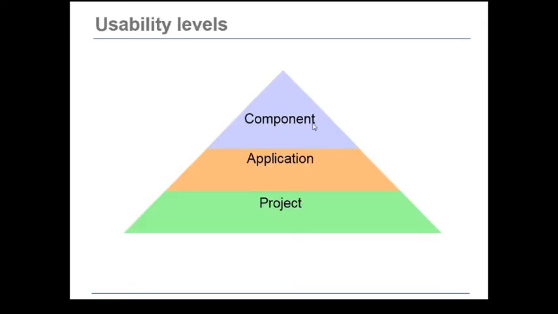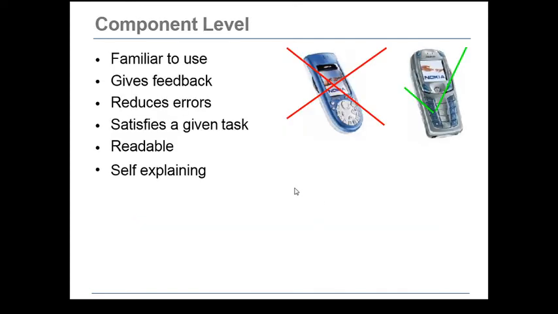So this is the diagram we will see, that is usability levels. The first level will be component, the second level will be application, and the third level will be project. At the component level, as we will see, there are two mobile screens over here. This one has the cross mark, and this one is right.